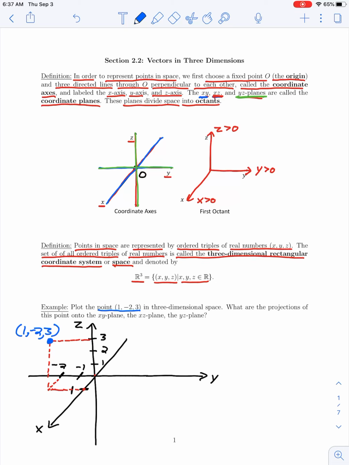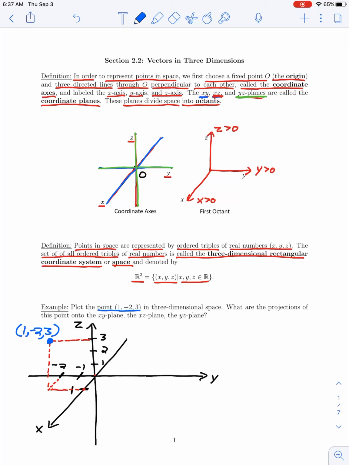So we've plotted our point here, and the next part of the question asks about the projection of this point onto the xy plane, the xz plane, and the yz plane. So when we refer to a projection, we're thinking about sort of the shadow that this point casts onto a particular coordinate plane in space.